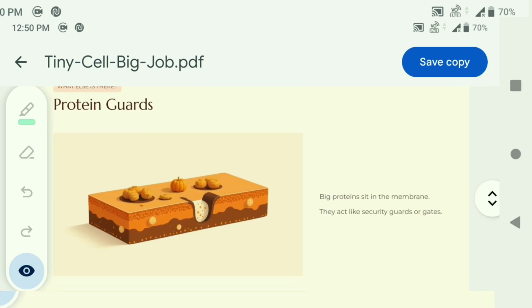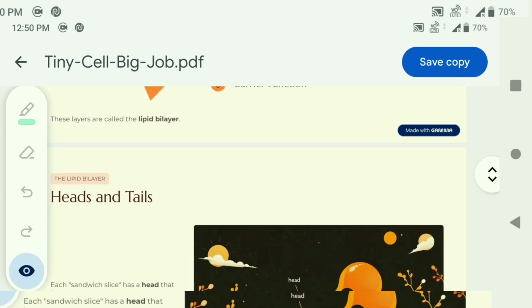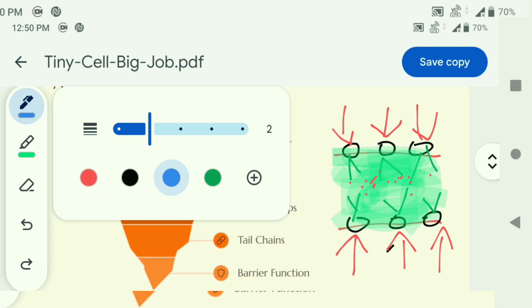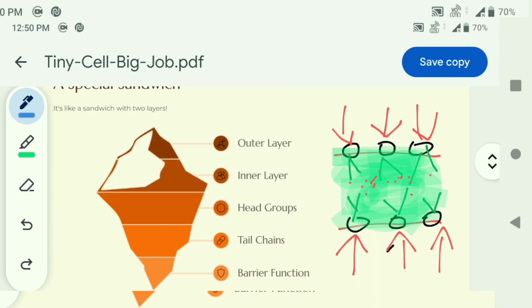And it also has protein guards. Let's see. These bilayers have protein guards between them. What is the use of that protein? That protein is for the supply chain system.